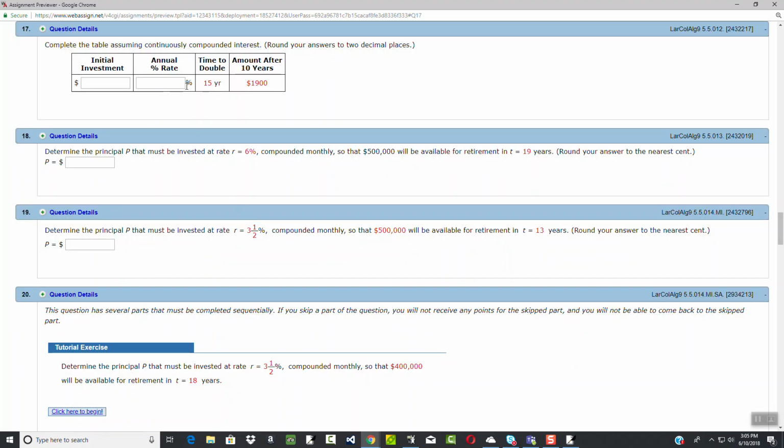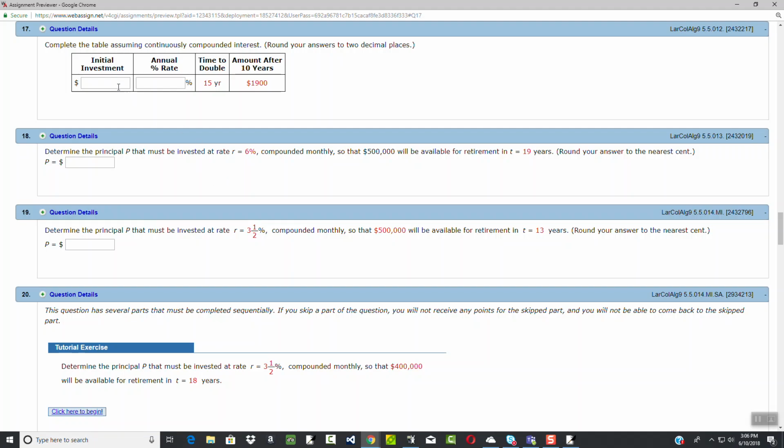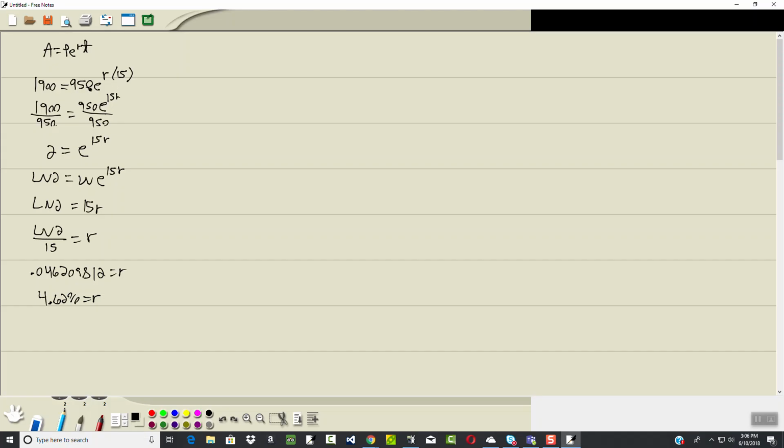Now this wants it in percent form, rounded to 2 decimal places. So in percent form, you have to move your decimal point 2 places to the right. So 4.62% would be our answer. Now that we know r, our initial investment would have been this 950. So we actually have both of our answers on that problem.